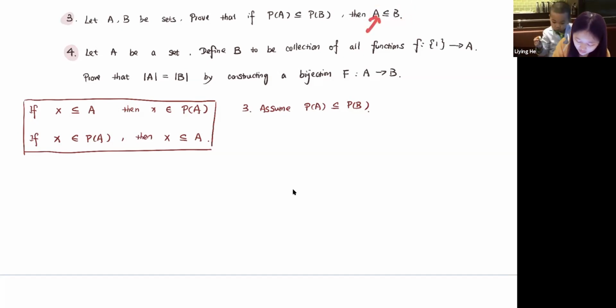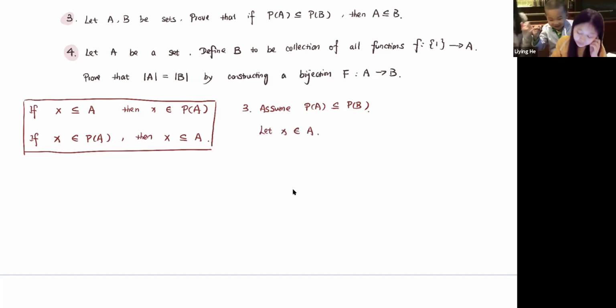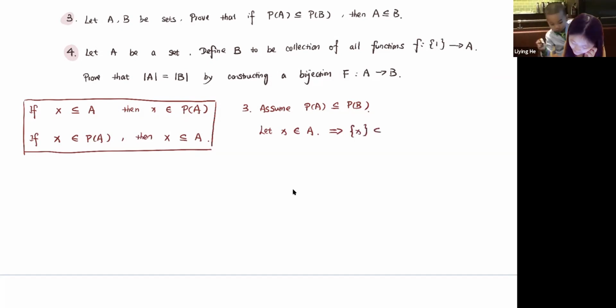So let X be an element of A. That's our first step. This means that the set containing X is a subset of A. Does that make sense? So far, does this make sense?